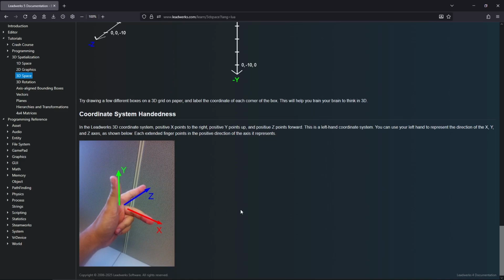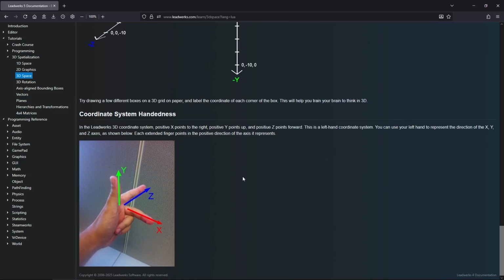Now, if you had a right-handed coordinate system, then z would still be pointing forward, y would still be pointing up, but x would be pointing in the opposite direction, right? Because that would be my right hand. Leadworks uses a left-handed coordinate system, so this is just what it always is. But deciding which direction is positive and negative for each axis is completely arbitrary.